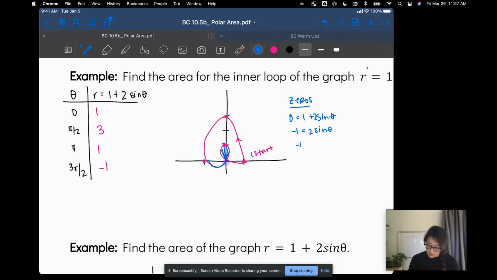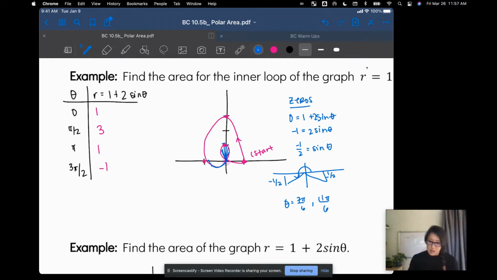Divide by 2, so negative 1/2 is equal to sine theta. And then sine theta is negative 1/2 when my angle is pi over 6 past the x-axis. So when theta is 7 pi over 6, and then pi over 6 to the x-axis, so 11 pi over 6.